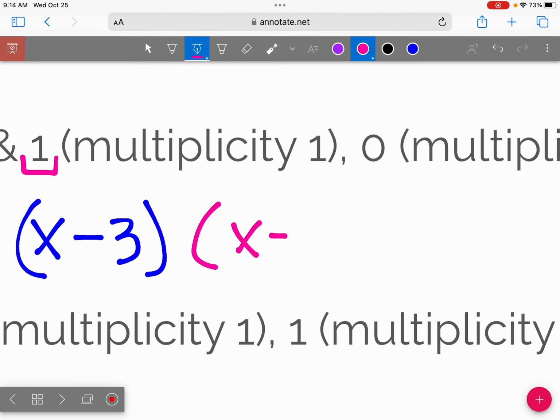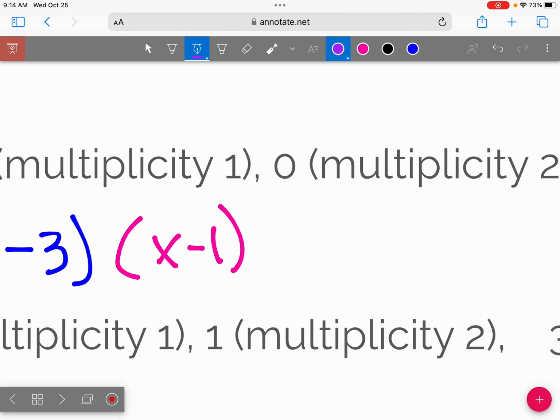X minus 1. It has a multiplicity of 1, so it doesn't need an exponent. How do I write a factor that has a root of 0? X. You can write it as x minus 0. I genuinely don't care. But it's easier to just write x. But this one has a multiplicity of 2. X squared.